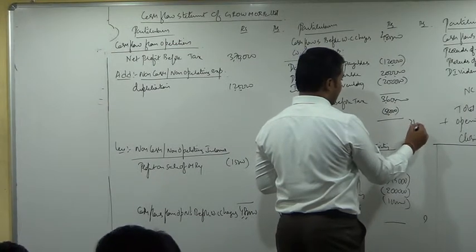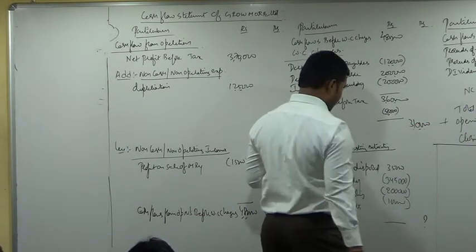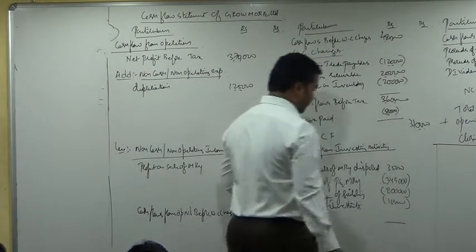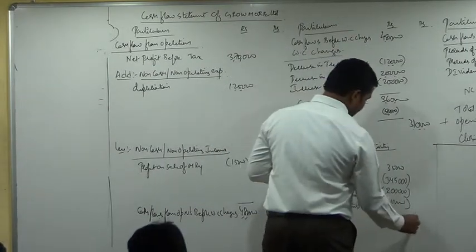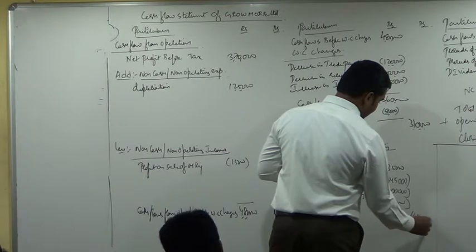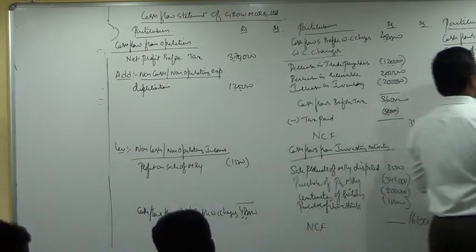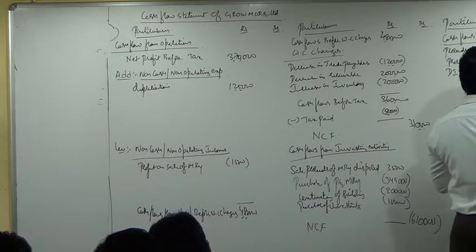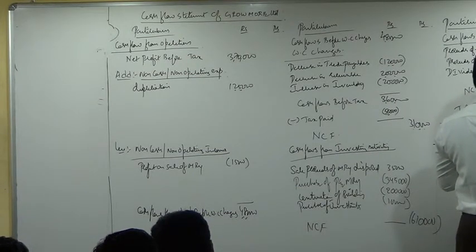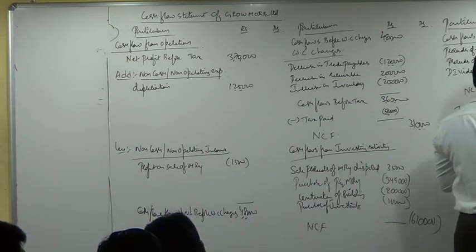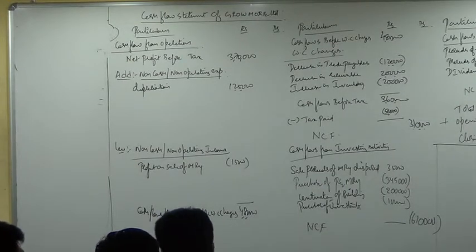After tax 3,10,000. Net cash flow from investment activity 6,10,000 negative. Consumption of cash. Net cash flow from financing activity 3 lakh. Total 0. Opening 2 lakh, closing 2 lakh.